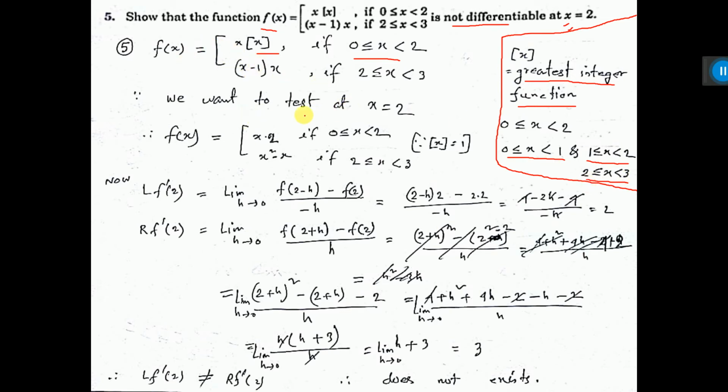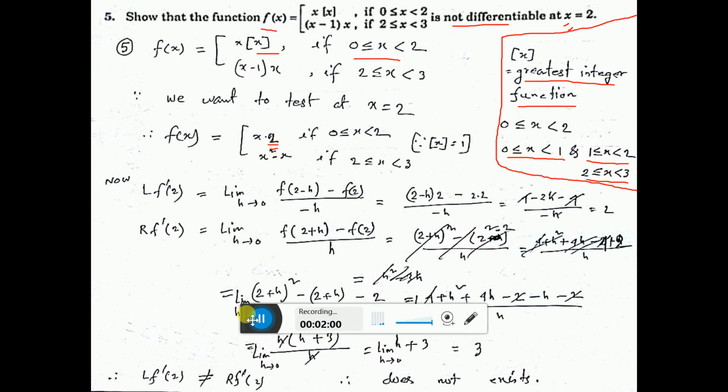But here 2 is excluded for the left side, so what is the value of [x]? It is 1. So we have to take 1·x, that is x only.